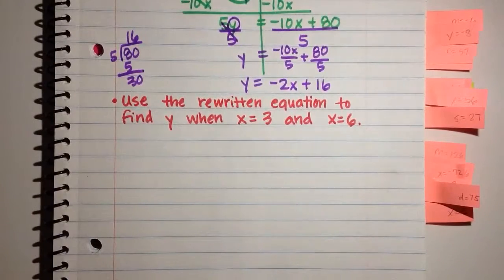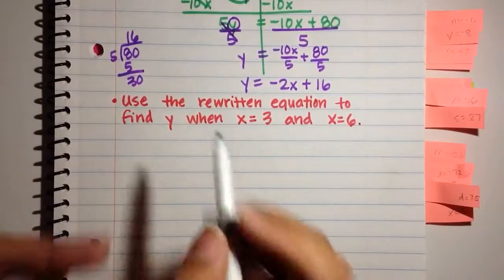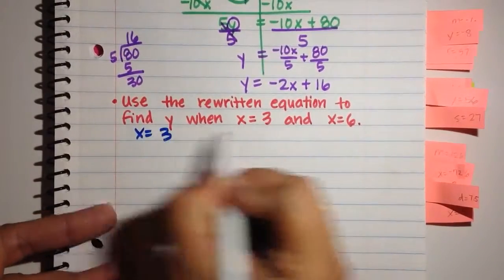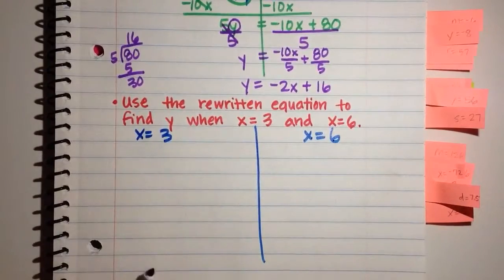Alright, then we're going to use the rewritten equation to find y when x is 3 and x is 6. So the first thing we're going to do is x is equal to 3, and then we're going to solve it for x is equal to 6. So I'm going to use this equation.